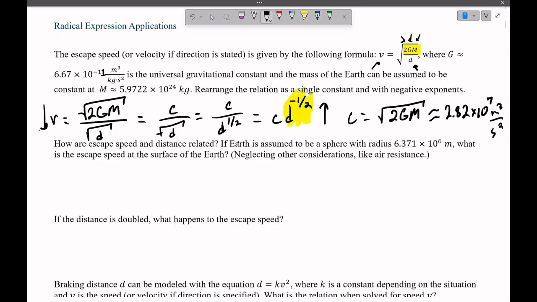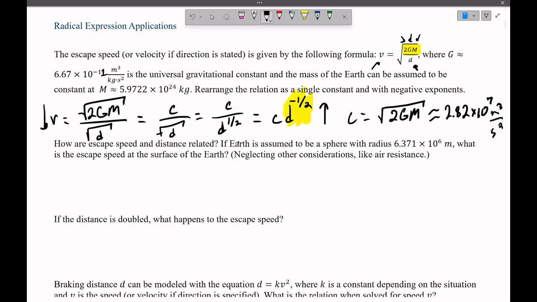As you get further and further away from the thing with gravity, the escape speed you need to escape that gravity is less and less, because the gravity affects you less and less. And vice versa. As you get closer and closer to the planet, you need more and more speed to get out of there. So they're inversely related. As one goes up, the other goes down, and vice versa.